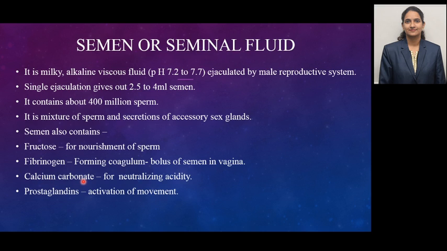Next is calcium carbonate for neutralizing acidity. The urethral opening also has acidity due to urine secretion, as well as the vagina of the female shows an acidic atmosphere, and to neutralize that, calcium carbonate components are essential.